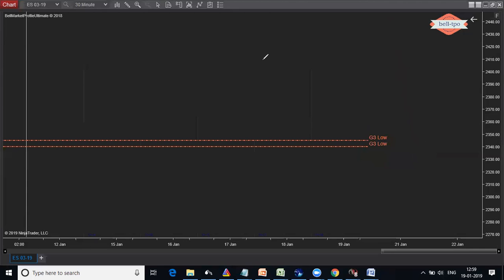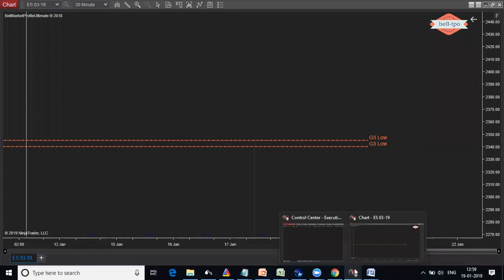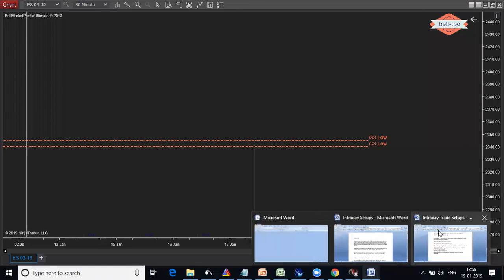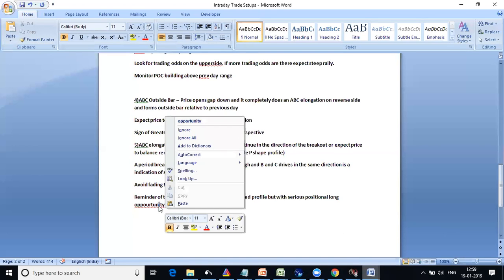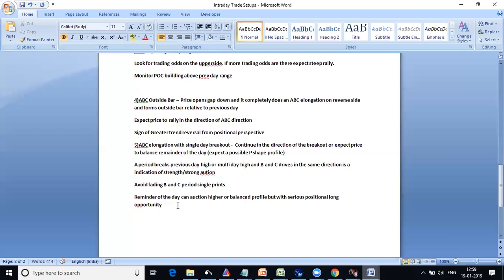Let me clear with these steps. So every time the ABC opportunity is going to be elongated, it's going to give you some serious opportunity. At times intraday, at times even from the positional perspective also.